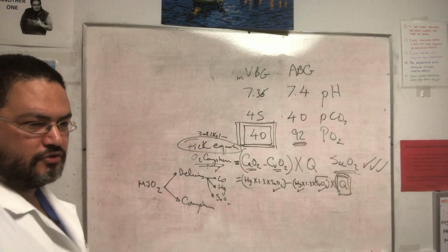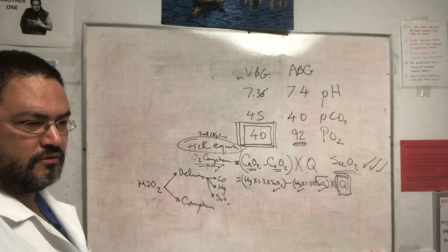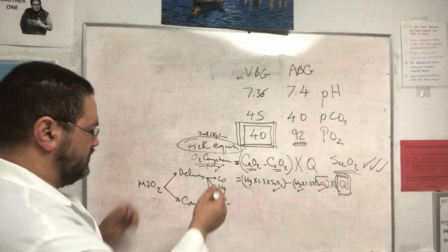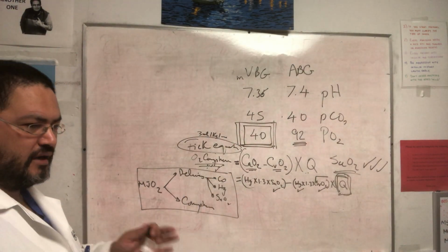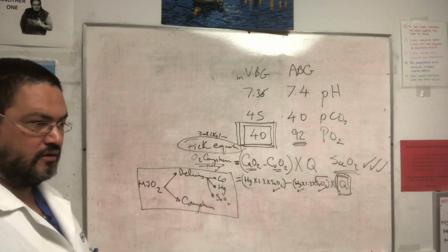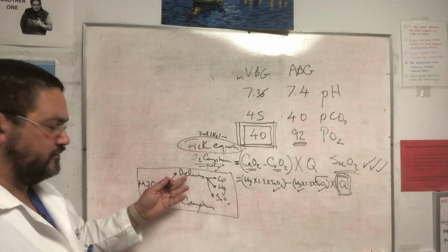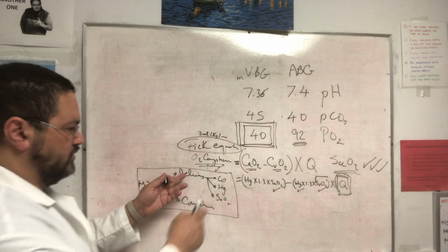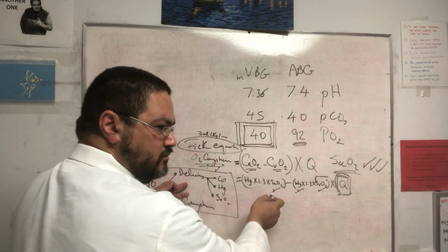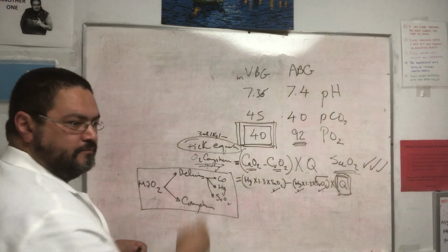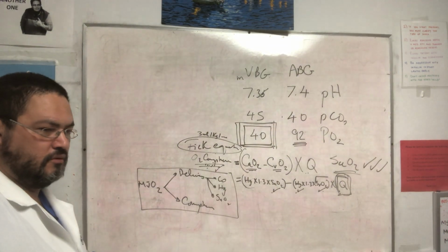Same as the equation here. And this is oxygen consumption. So that's the same equation as this. This is the simplified way of looking at it: the mixed venous O2, this number here, is dependent on delivery of oxygen, which is cardiac output, hemoglobin, and arterial saturation, or on consumption.